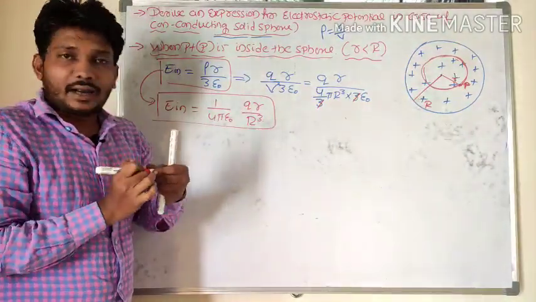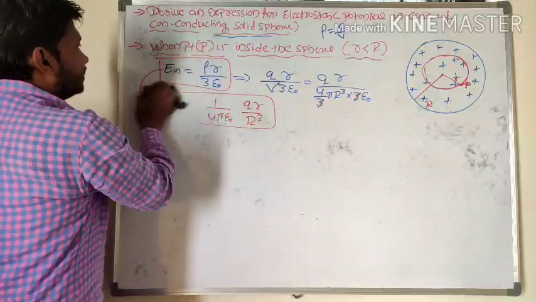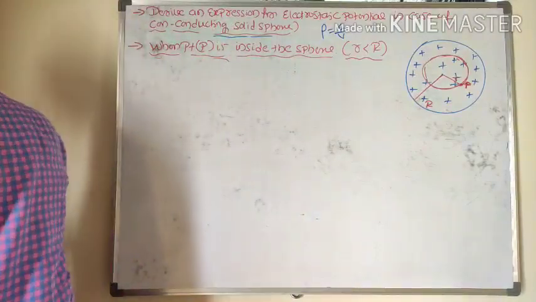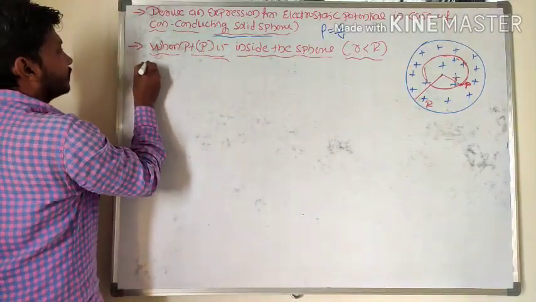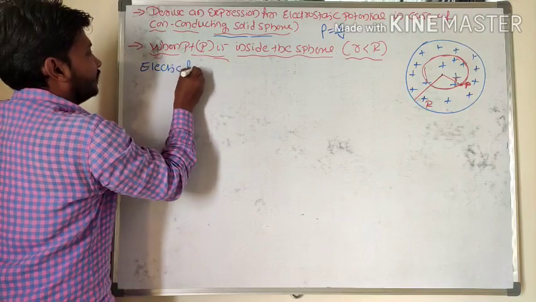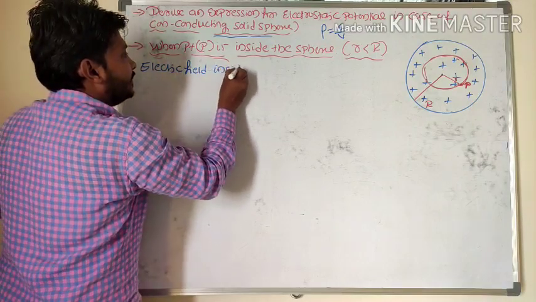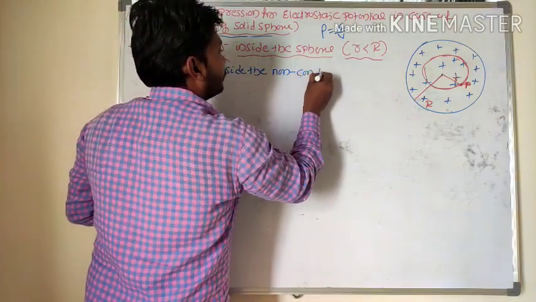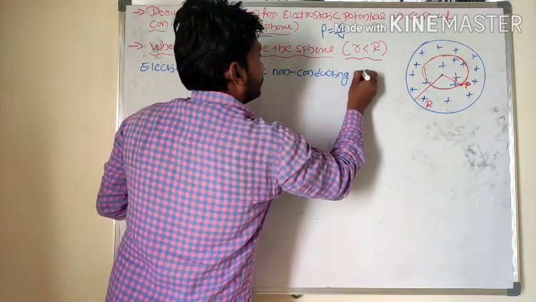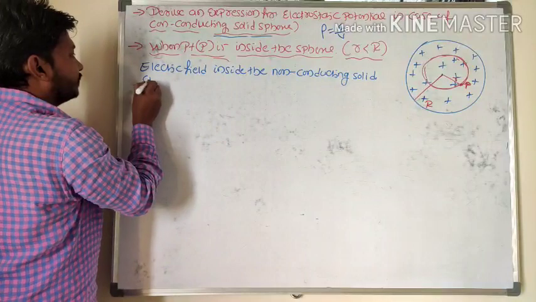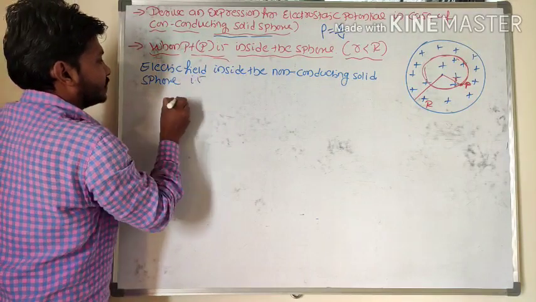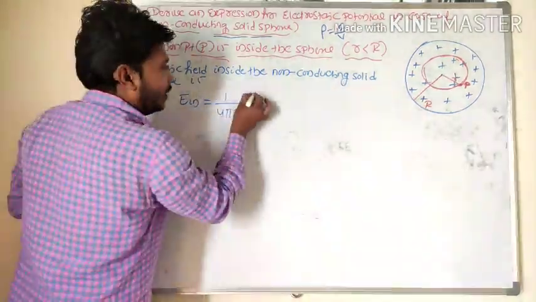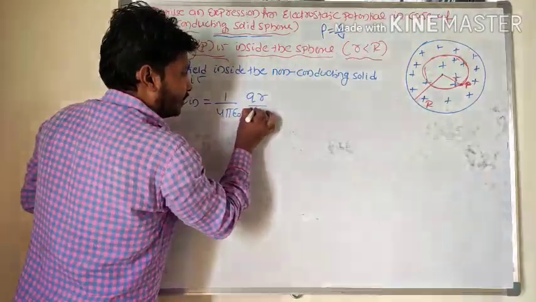From that equation I will apply the integration formula, so I will get the equation for potential. So let me write that the electric field inside the non-conducting solid sphere is, E is equal to 1 by 4 pi epsilon naught q into r divided by R cube.